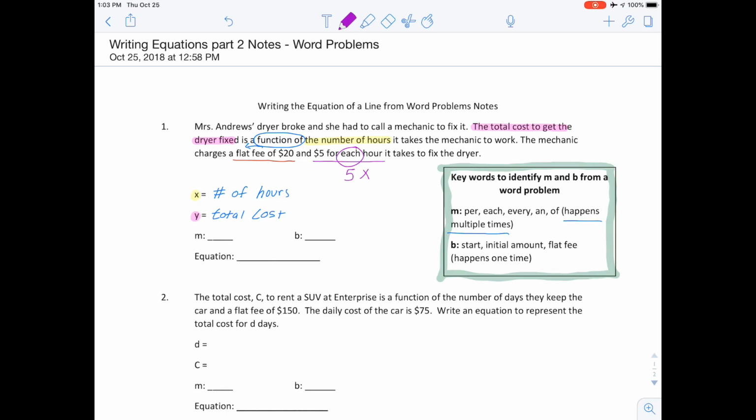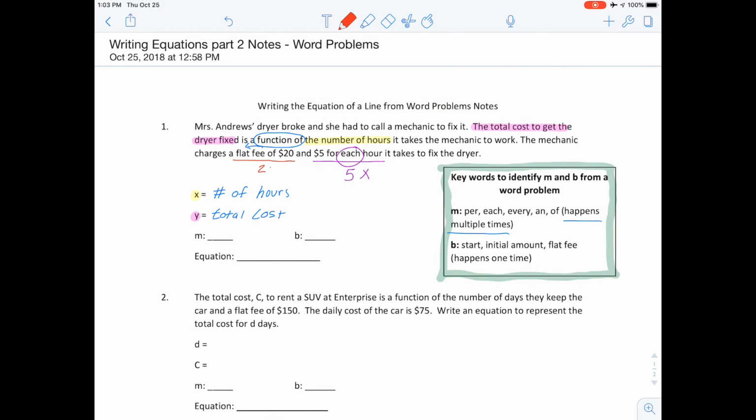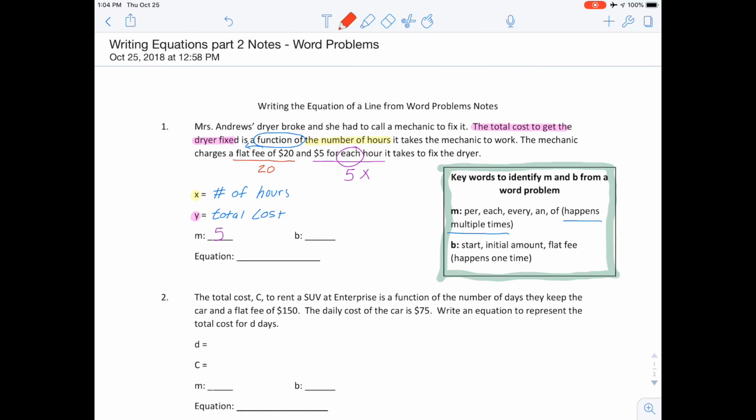And then the flat fee of $20, that's going to be my y-intercept. Okay, so the slope, $5 for each hour, so our slope is 5, and then our y-intercept is that flat fee. So if you look over here, that's one of the key words to find the y-intercept, because that only happens one time. They only pay $20 at the beginning and then $5 for each hour to fix it. So b is going to be 20.